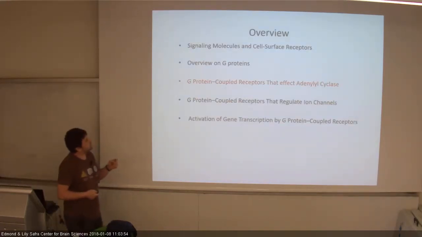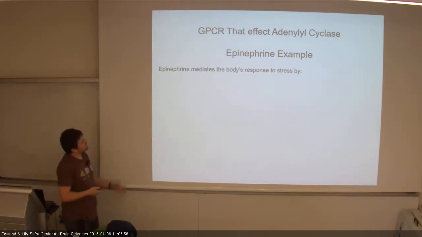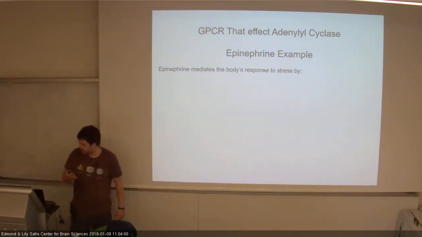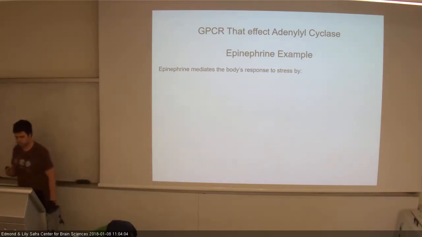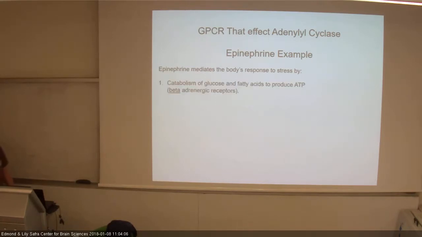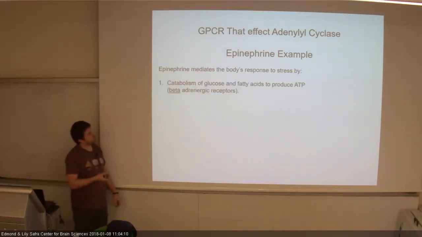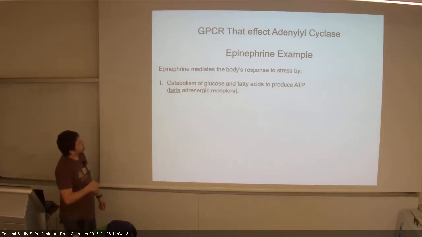So we gave the classic epinephrine example, which is part of the body's response to stress, or the fight or flight mode. We said that three things happen that are mediated by G-proteins in response to epinephrine. First, the catabolism of glucose and fatty acids, which produces more ATP for the cells in the body to have more ready energy.